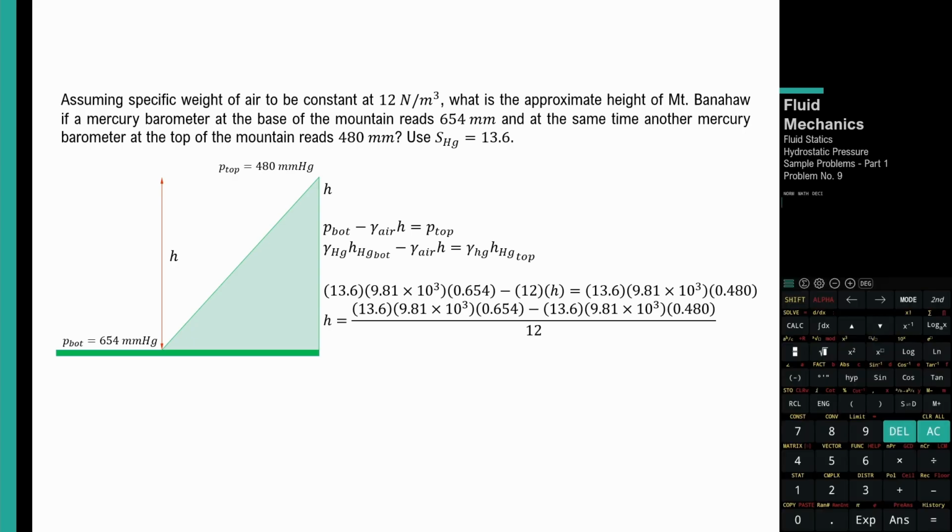So, substitute na lang. So, 13.6 times 9.81 times 10 raised to 3, 0.654 minus 13.6, 9.81 times 10 raised to 3 times 0.48 over 12. So, therefore, H is equal to 1934.532 meters.